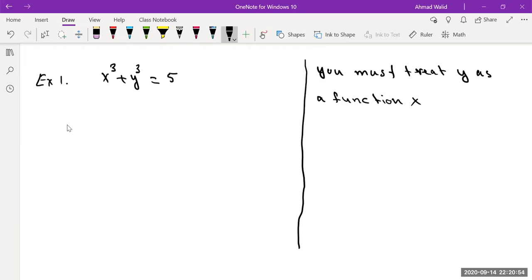Definitely, y is always a function of x, right? You must treat your y as a function of what? X.